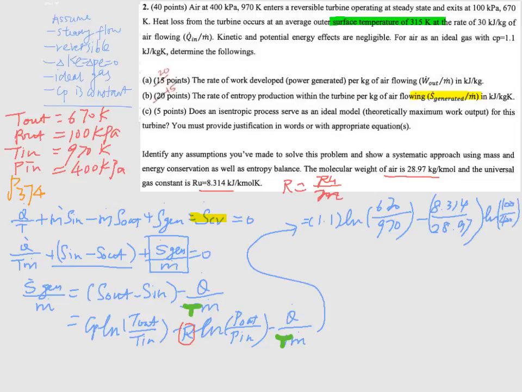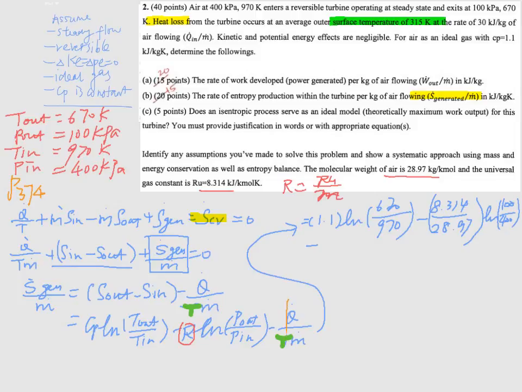Then minus, be extra careful here. This Q dot we mentioned in the previous video is heat loss, so it is going to be a negative value instead of positive.